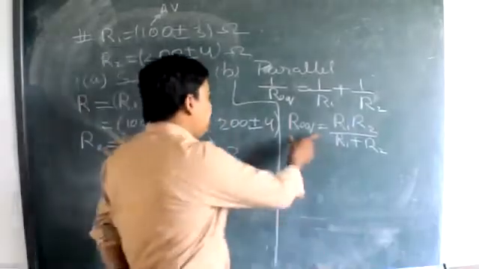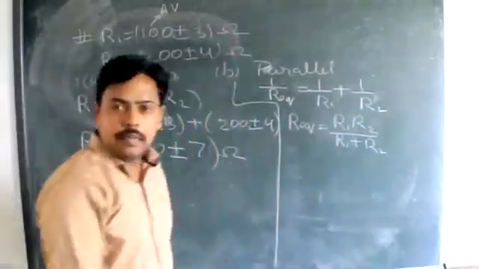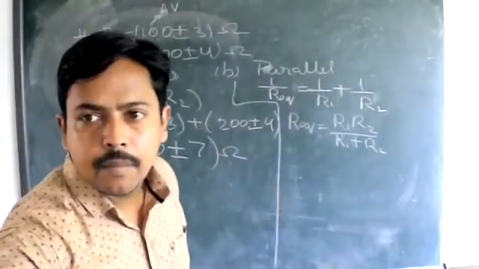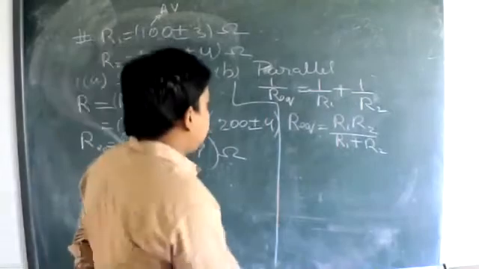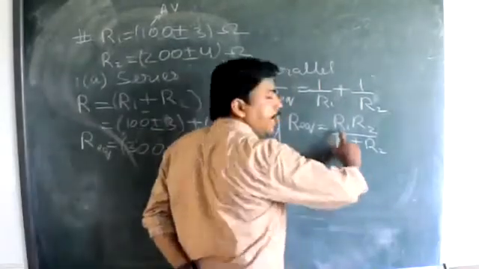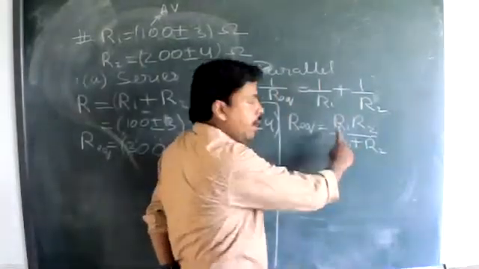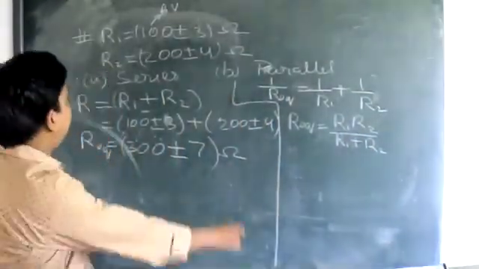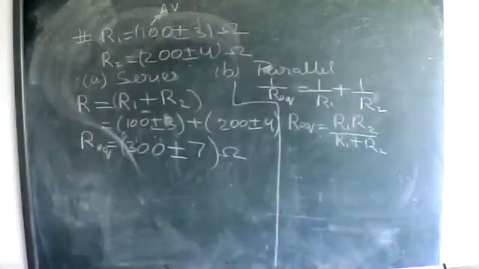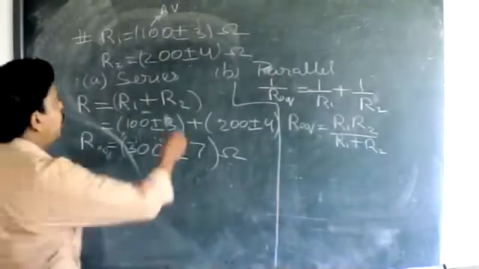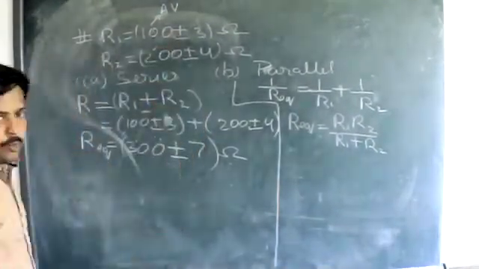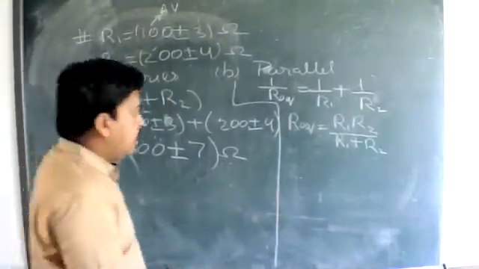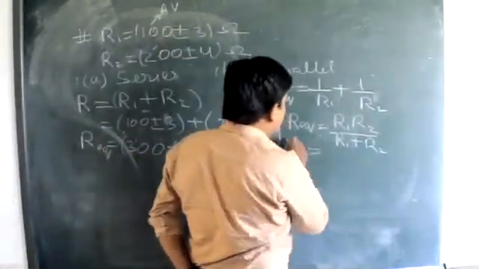So if I'm talking about the actual value of R equivalent, then obviously we need to take the actual value of R1 and the actual value of R2. So according to the above expression, what is the actual value corresponding to R1 and what is the actual value corresponding to R2? So it's 100 and 200. Okay, so what will be R equivalent?